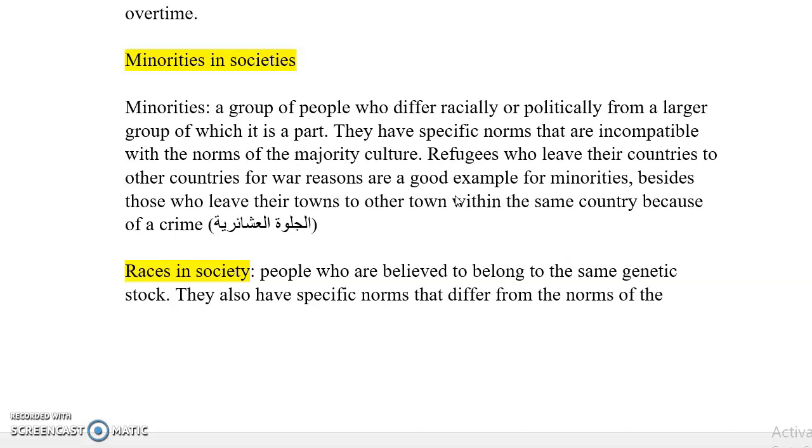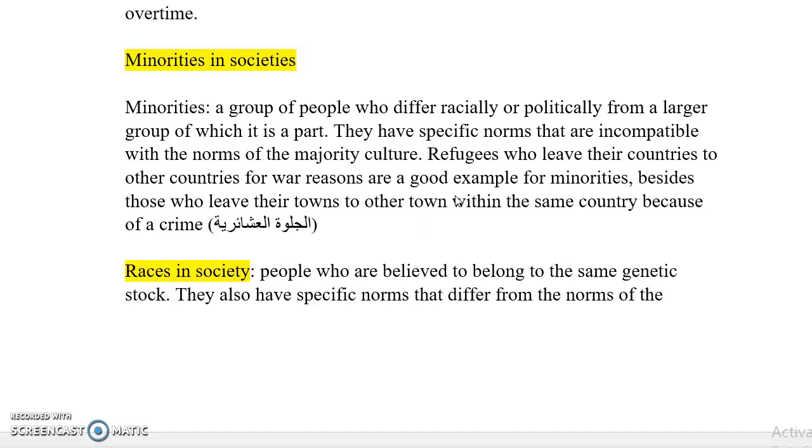For example, the people who travel from Syria through the Syrian war to Europe. In Germany we find some Syrian minorities, for example.